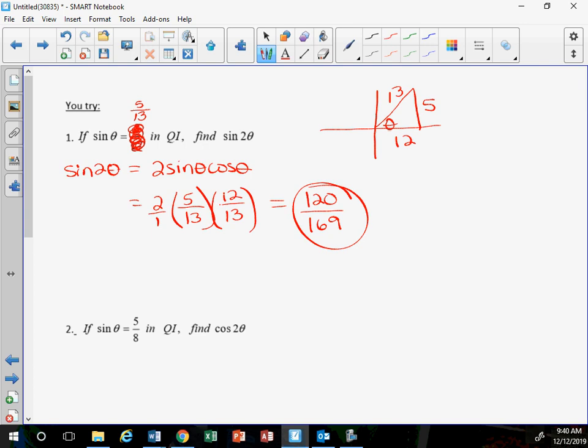All right, guys, let's keep that same triangle for this problem. Same as number 1. And try to find cosine of theta for me.